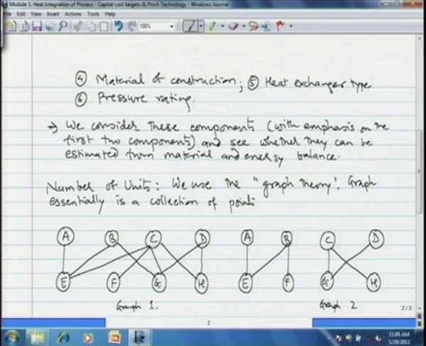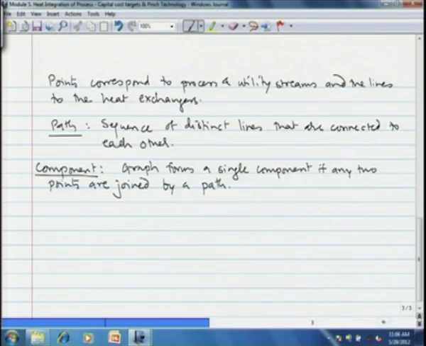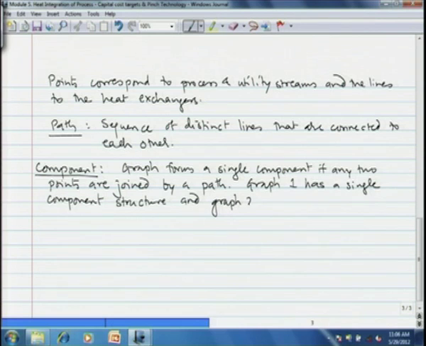For example, there is no connection between BC and FG or BG and FC, and therefore, graph 2 has 2 components. Graph 1 has a single component structure and graph 2 is a 2 component structure.